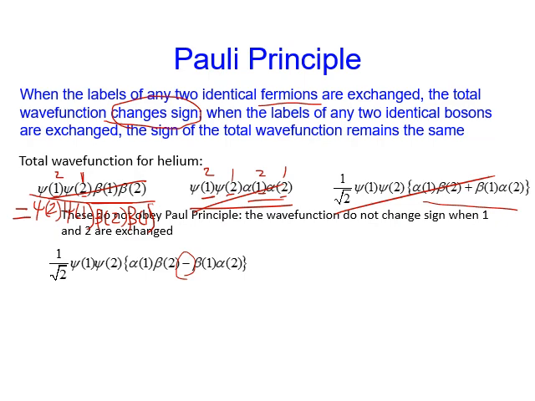Now if you exchange the labels, 1 to 2, 2 to 1, you will see the product of the whole wave function is the negative of the original wave function, and therefore it does change sign. This is the only possible wave function that obeys the Pauli principle, that when you exchange the labels, the wave function changes sign.